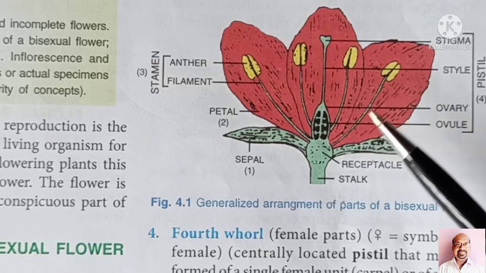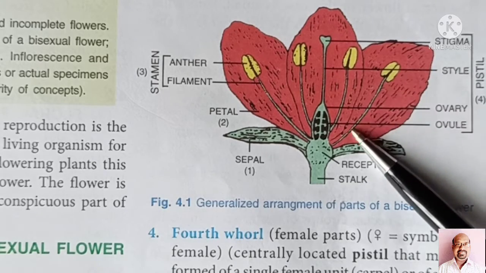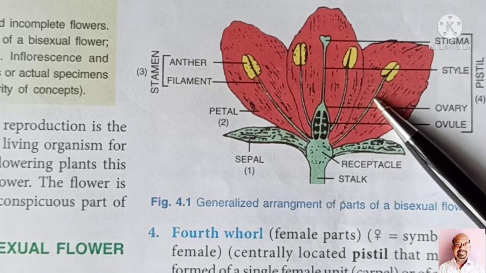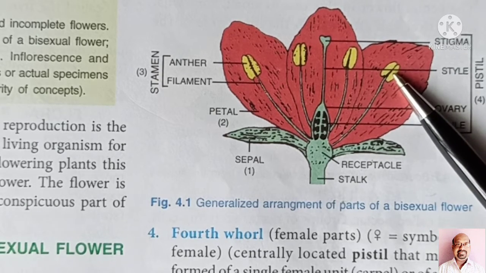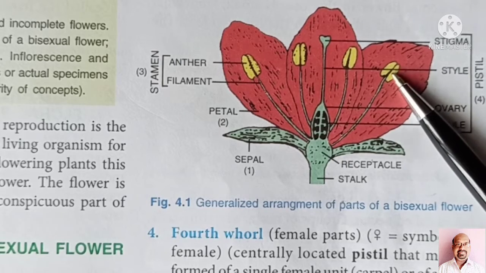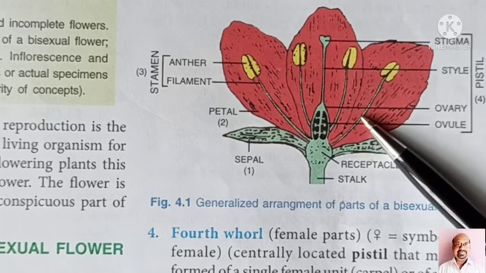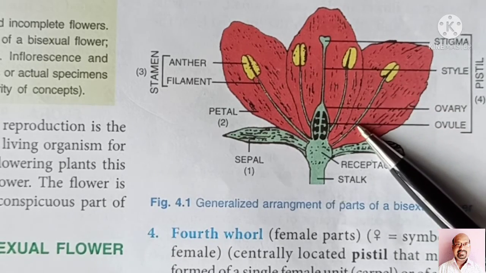And the third whorl, that third floral structure, is this one. It consists of a thread-like structure called filament, and on the top of the filament a bilobed structure is there, which is called anther. So this structure is the male reproductive part of a flowering plant, called stamen.